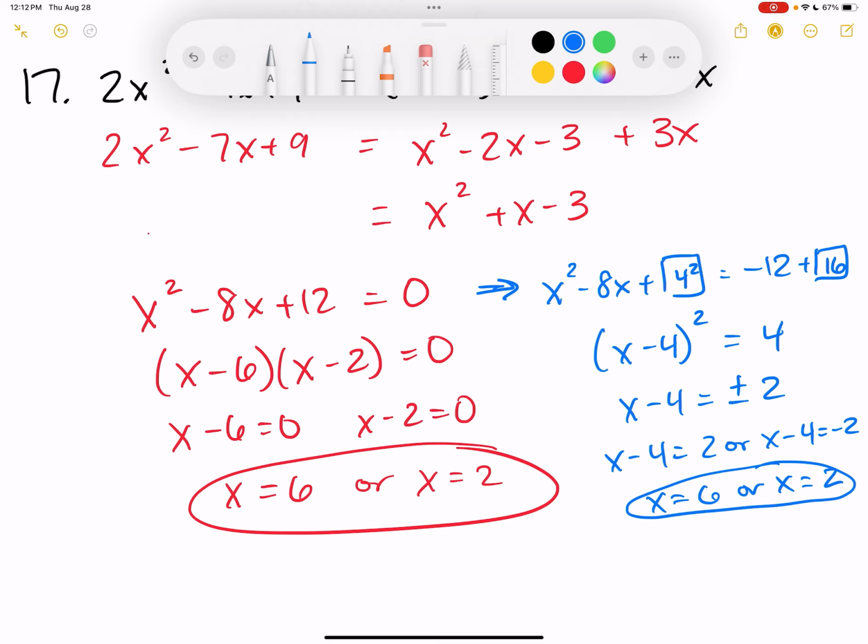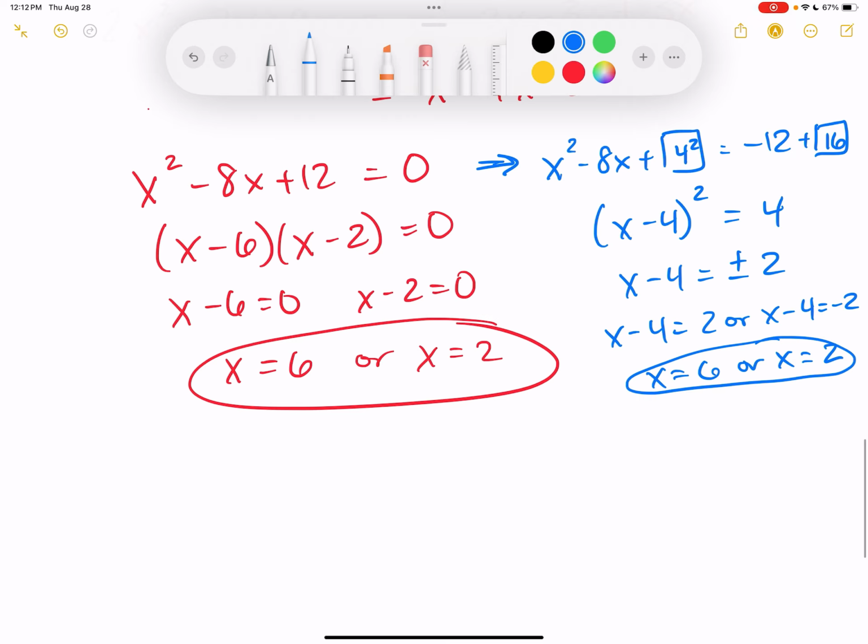Because if I re-square it, if I square negative 2, what do I get? 4. If I square positive 2, what do I get? 4. So either way I get the same thing. So when I take the square root, it has to be plus or minus. Okay, that makes sense. What about taking the root of a negative? That gives you an i.